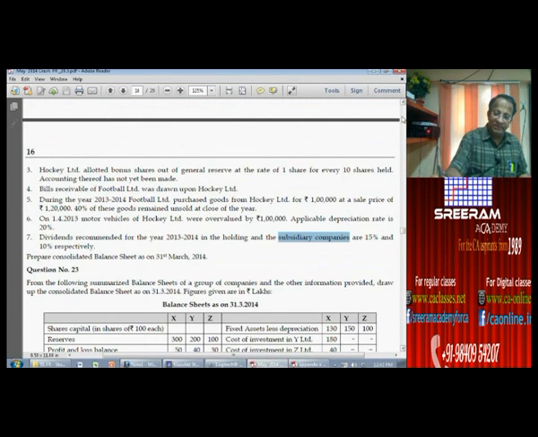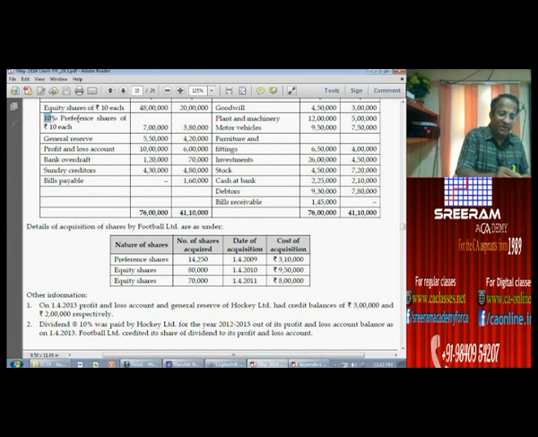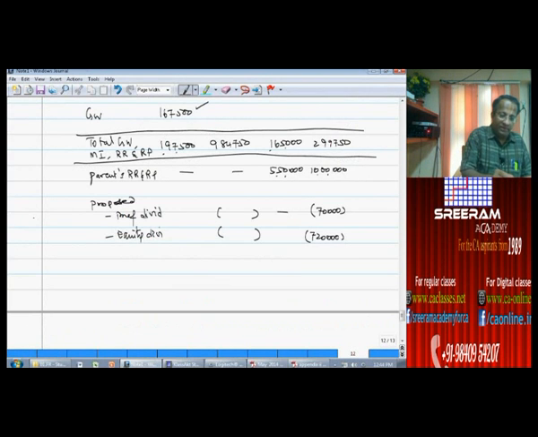So on this, 10% on 3,80,000 into 62.5%. 10% into 3.8 lakhs, 3.8 lakhs into 62.5%.